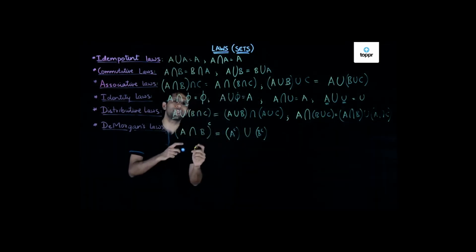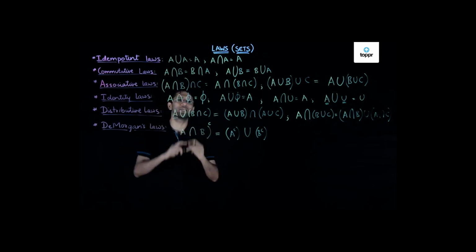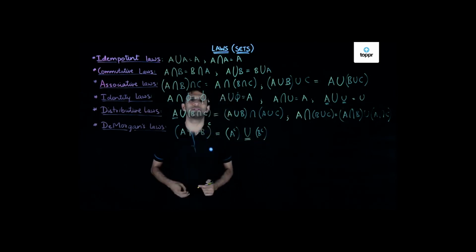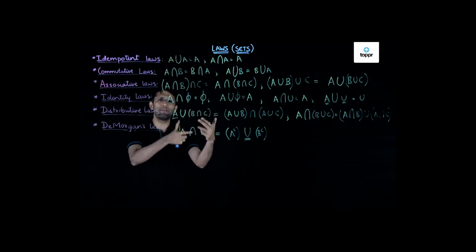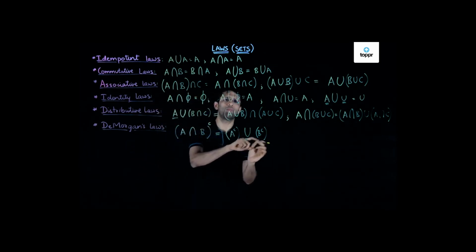So now this law states that when we are performing complement of an intersection of two sets, then the result is the same as doing the union of their respective complements. And so A intersection B, whose complement is taken, is now equivalent to union of A complement and B complement.